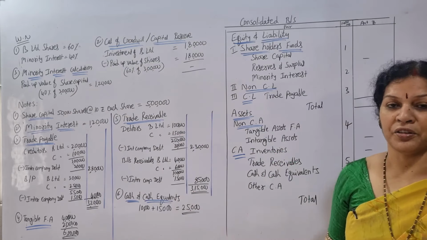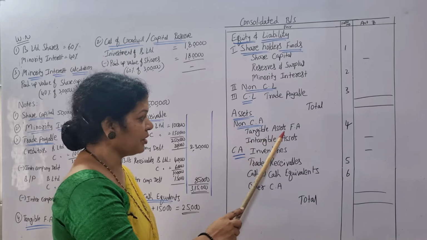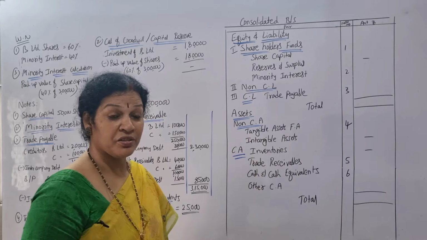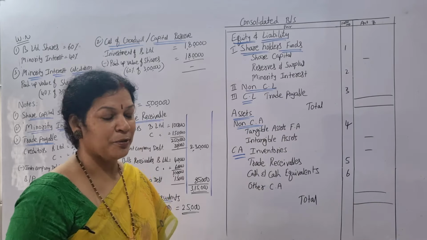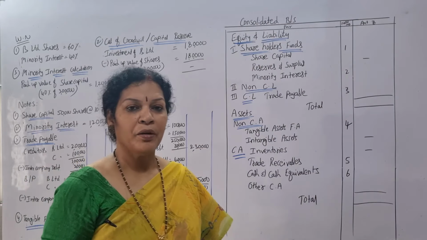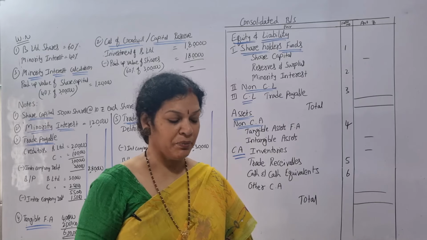Non-current assets means tangible assets, that is fixed assets, and intangible assets. Intangible assets means goodwill. Now current assets: inventories, trade receivables. Trade receivables means debtors and bills receivable. Here trade payables means creditors and bills payable. Cash and cash equivalents, other current assets. A blank consolidated balance sheet we have prepared. Now according to that, whatever is required we can do.